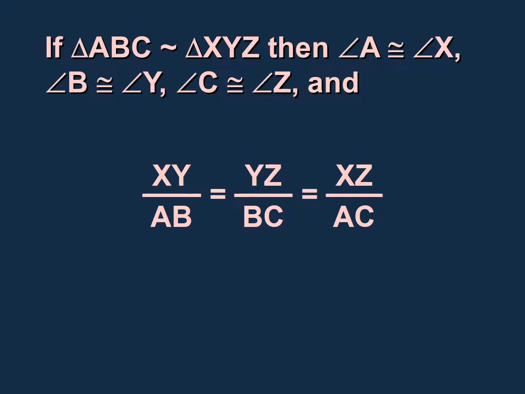The ratio of this side to this side has to be equal to this side over this side, which also has to be equal to the last side over the corresponding side on the other triangle. So all of these sides are corresponding to each other based on what angles they're in between.